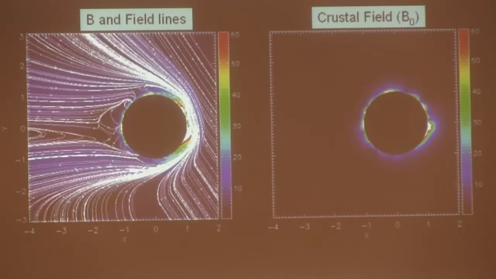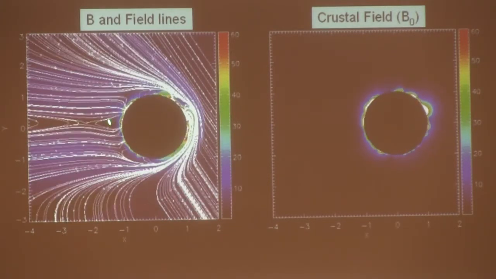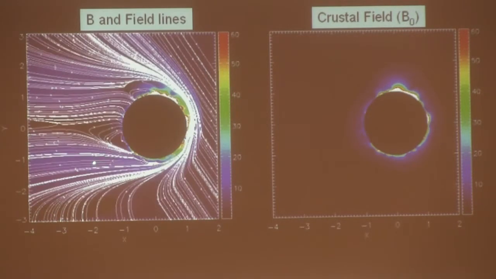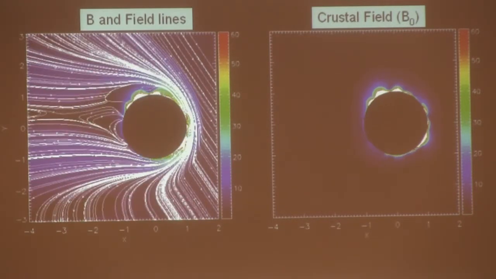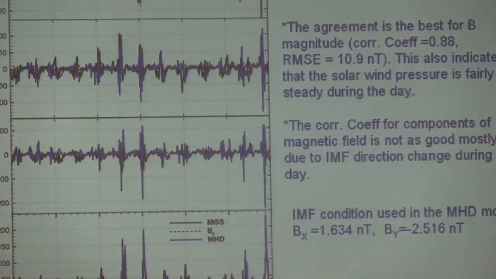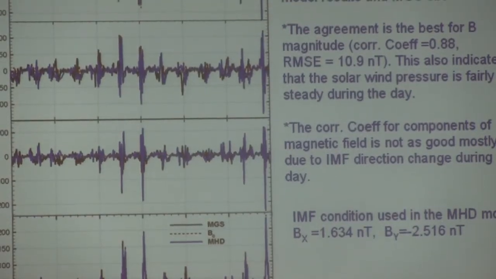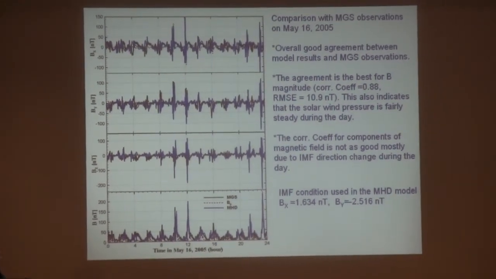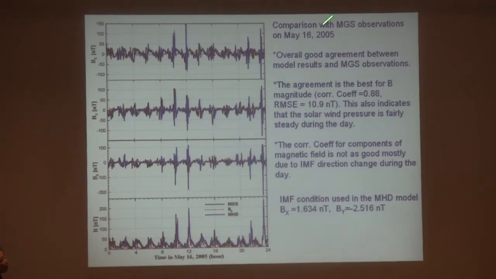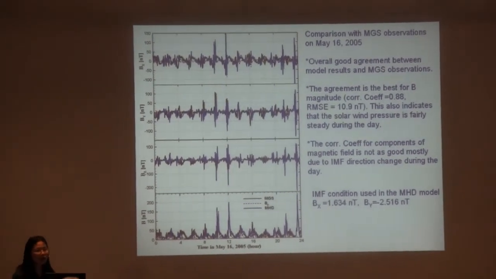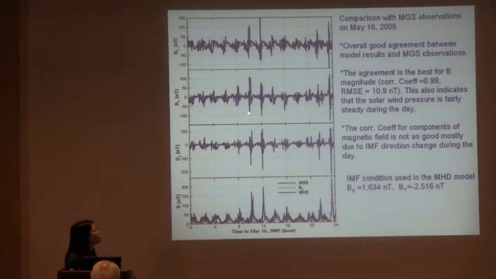As you can see here, as the planet slowly rotates, the induced field also varies slowly with this rotation. So this is a case that we did to compare with MGS observation. We set the rotation axis to be exactly the same as the real case, and we then compare our model result with MGS observation.